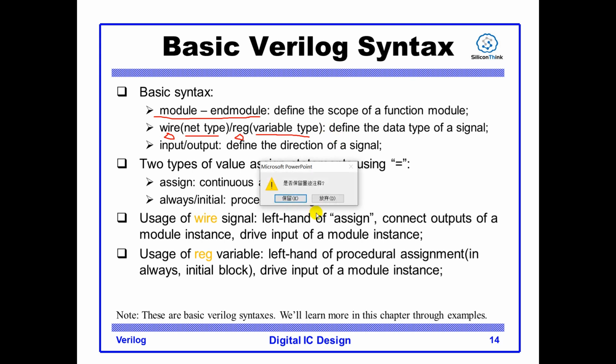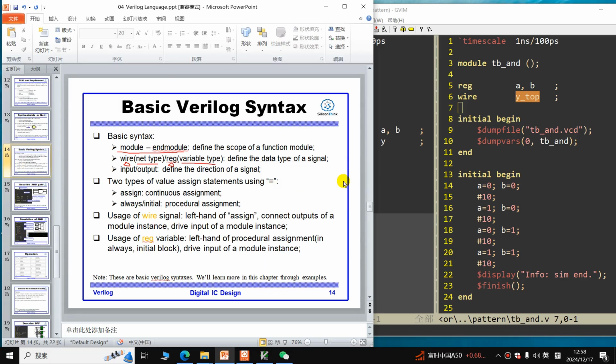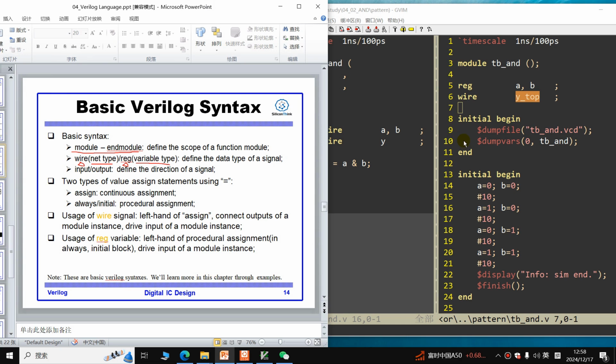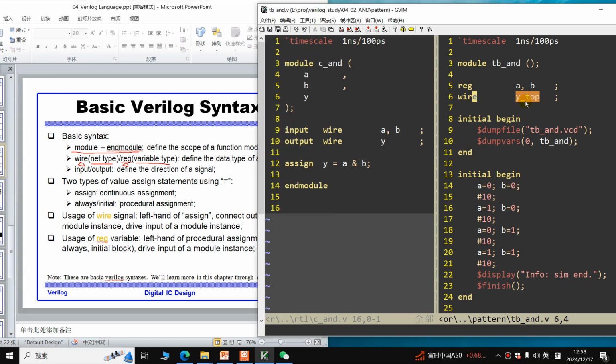Okay, let me show you some examples. For example, here we define this signal as wire, net type, and the signal AB as reg, variable type.